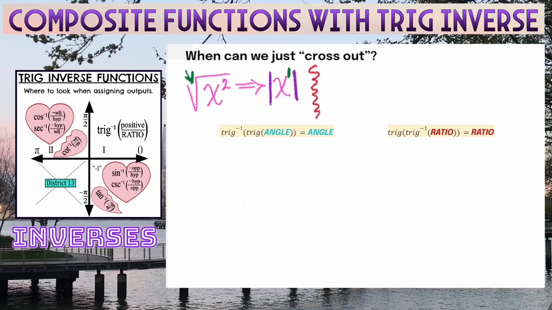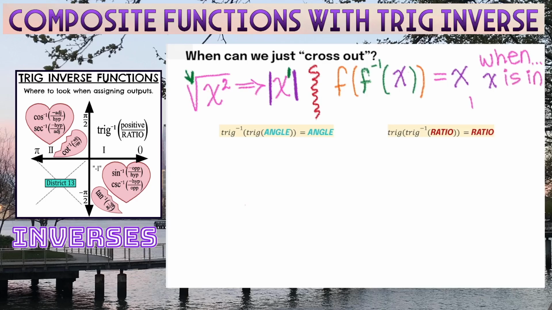If we have f of f inverse of x, it will equal x when x is in the range of f of x, the outer function.